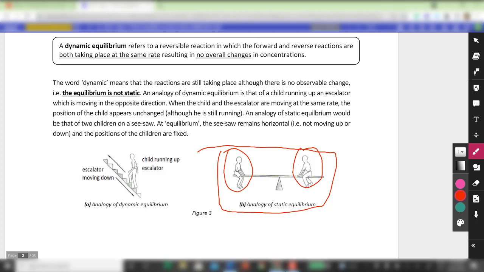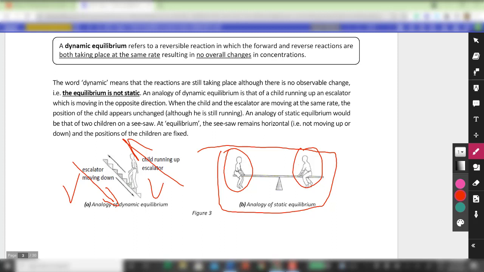However, if you want to imagine what a dynamic equilibrium is, but don't try this, just imagine that an escalator is coming down at a certain velocity, and then you are moving up at the same velocity. From someone at a certain distance looking at you, you will appear as though you are not moving. That is known as a dynamic equilibrium.